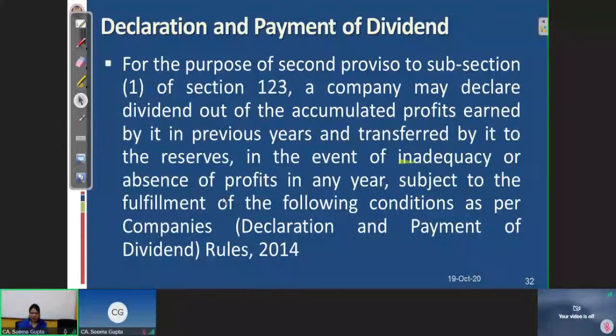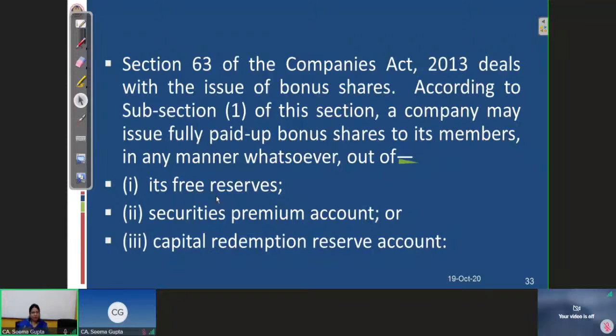So these are all the provisions of the Companies Act which you have to be familiar with and aware of. What are the provisions relating to bonus issue? A company may provide fully paid up bonus shares to its members out of its free reserves, securities premium, or capital redemption reserve.